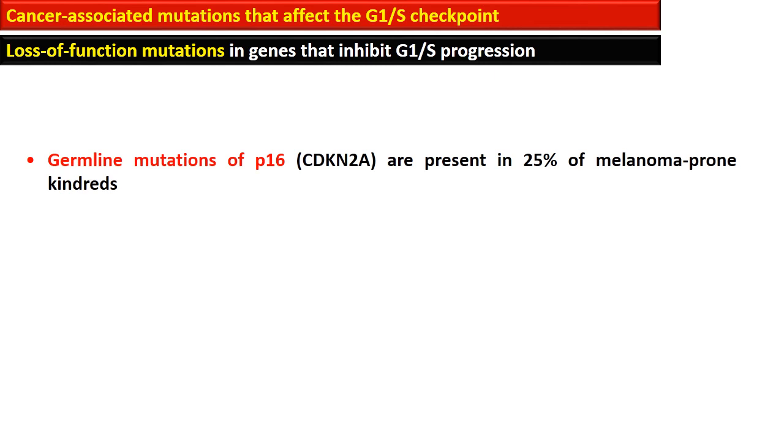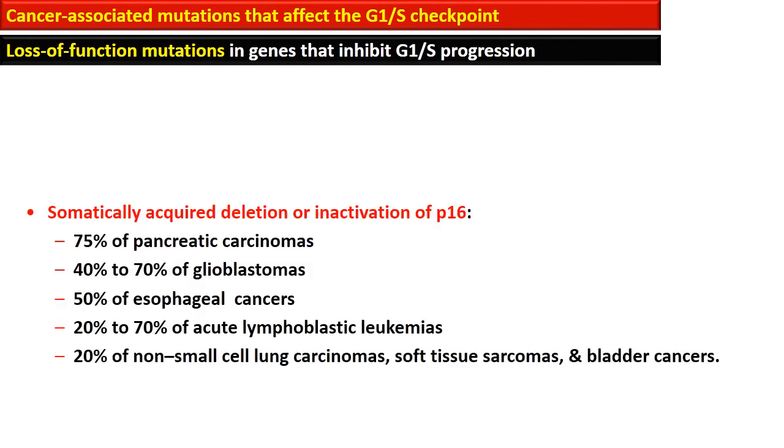Germline mutation of P16 is present in 25% of the melanoma prone kindreds, and somatically acquired deletion or inactivation of P16 is present in different percentages in various tumors.